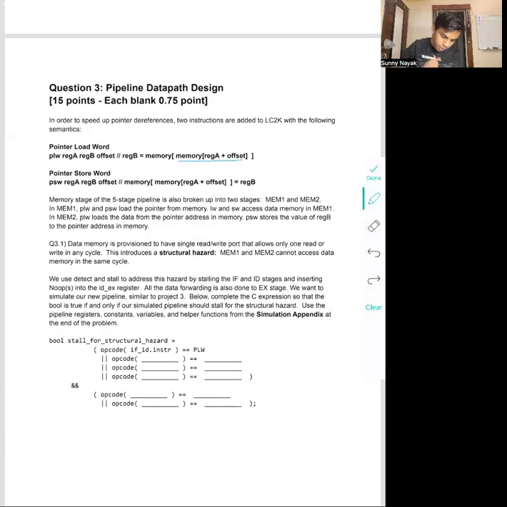However, what is interesting is it takes the value at that address and does another access. That value I just looked up should be an address in and of itself. So the reason it's called pointer load word is that the value in memory is a pointer. That value in memory points to something else. And then pointer store word is the corresponding store for that same type of access.